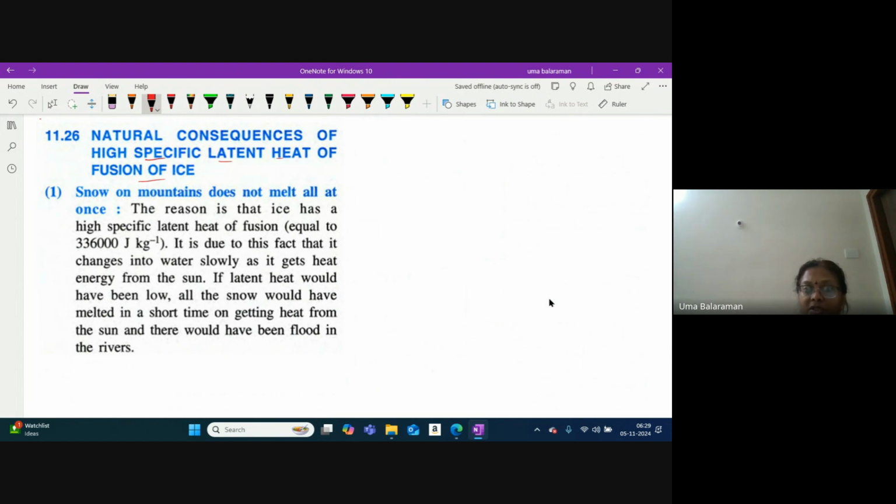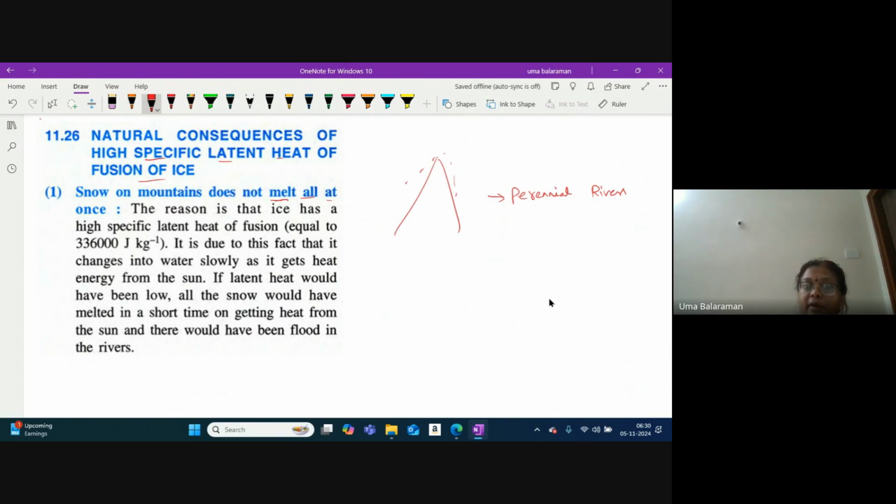Snow on mountains does not melt all at once, thank God. Because of the high specific latent heat of fusion of ice, if you see the Himalayas, the snow-peaked mountains, all snow, it doesn't melt all at once. If it melted all at once, then we would not have these perennial rivers. We have Ganga, Yamuna, Sindhu. They are perennial rivers because if they melted all at once, then we would have flash floods.